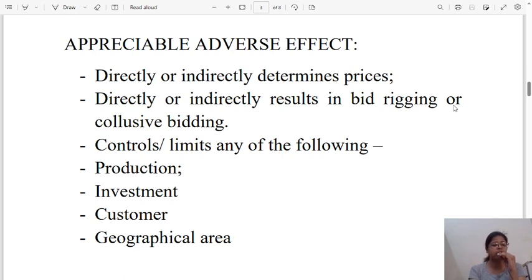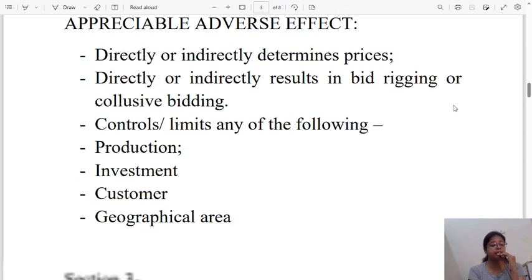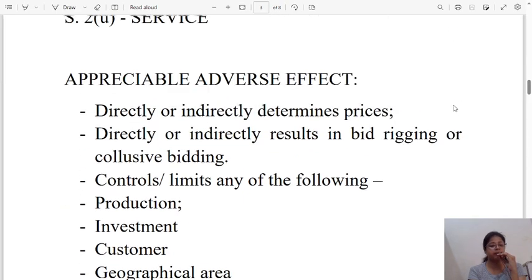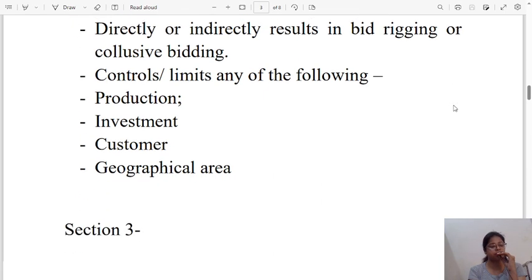It could be any agreement that could control or limit any of the following things: controlling or limiting production, controlling or limiting investment, controlling or limiting the number of customers, or limiting the geographical area. These are certain agreements which, if done, can cause appreciable adverse effect on competition.